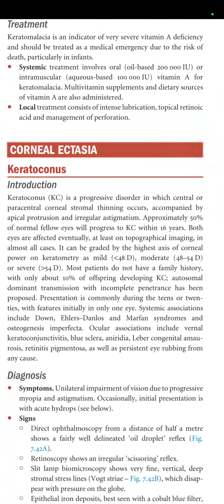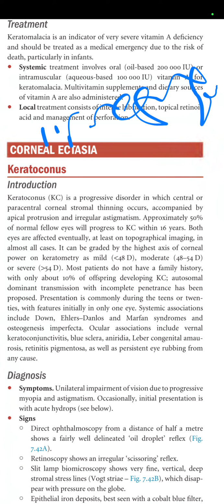Keratoconus is a progressive disorder in which central or paracentral corneal stromal thinning occurs, accompanied by apical protrusion and irregular astigmatism. So one of the commonest signs of keratoconus is irregular astigmatism. What does irregular astigmatism mean?